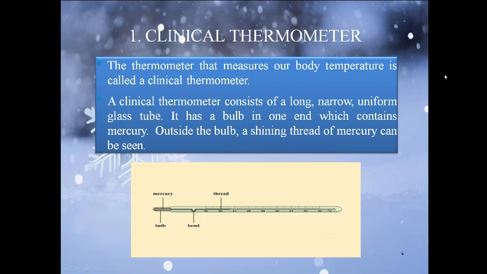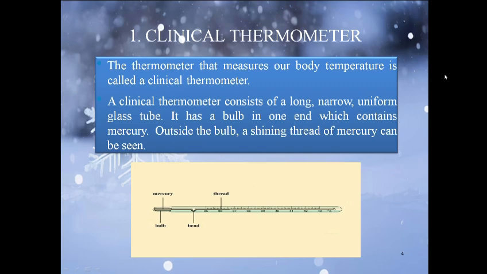So as the mercury expands, it rises in the column, and when its temperature is equivalent to the body whose temperature we are measuring, the expansion stops and we get a reading. So this thermometer can be used to measure the temperature of a human body accurately.